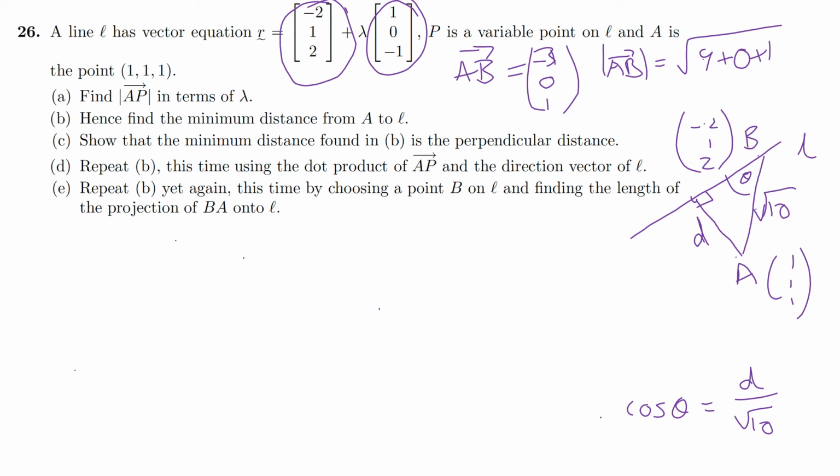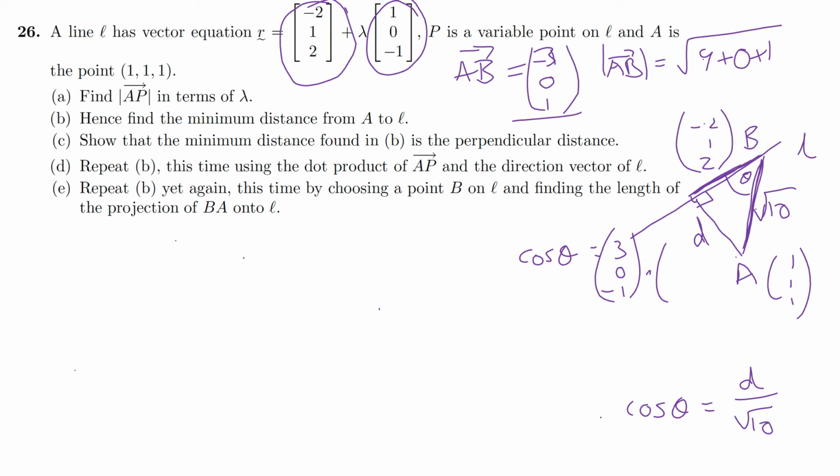So if I rearrange that, cos theta equals u dot v over the lengths, in this case the direction vectors of each of u and v. We know the direction of AB already, because we've got it up here. I'm going to change it to (3, 0, -1), so I'm just negating it, which is fine. It doesn't matter which direction I go in.